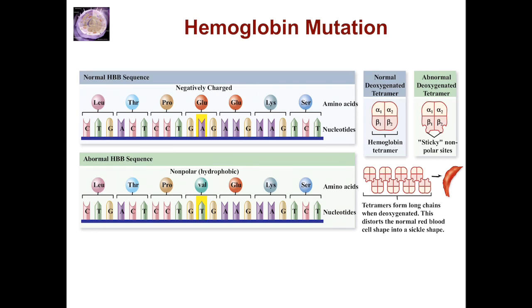And because they're completely different chemical natures, that causes the proteins to interact in an abnormal way. So you can see that it causes long, sticky protein tetramers, which then causes the blood cells to form a sickle shape.